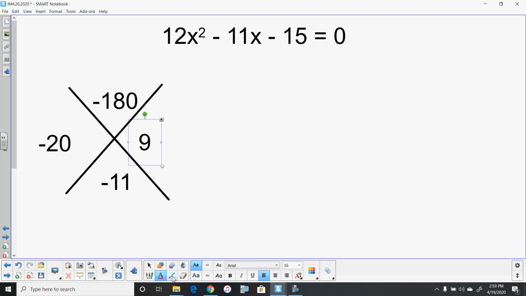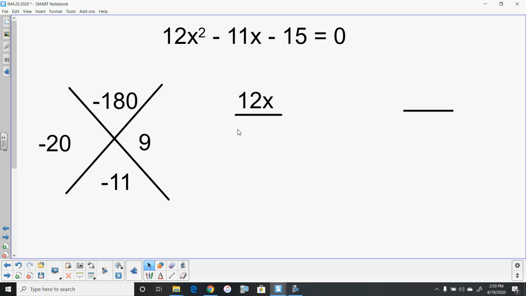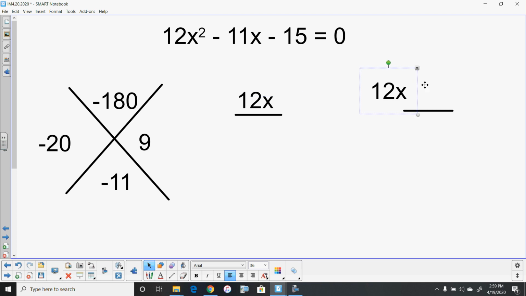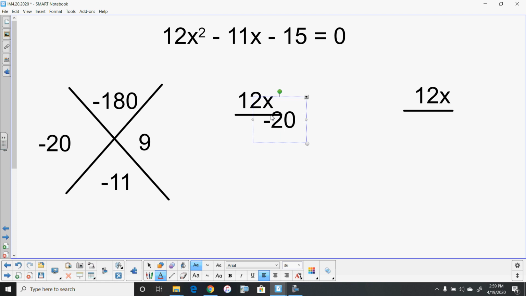The next step, though, I think this is kind of slick, and you guys aren't the biggest fans of fractions, so maybe you don't like it. But I put two fractions down. No matter what, the first term with just an x, not an x squared, just an x, goes on the top of each fraction. The two factors we just found go underneath.